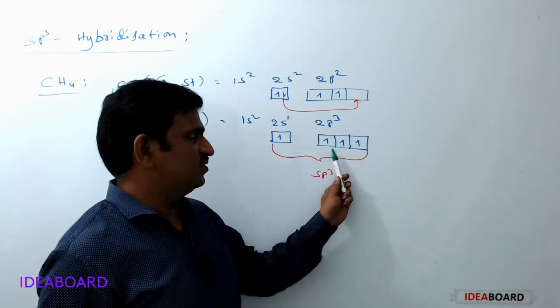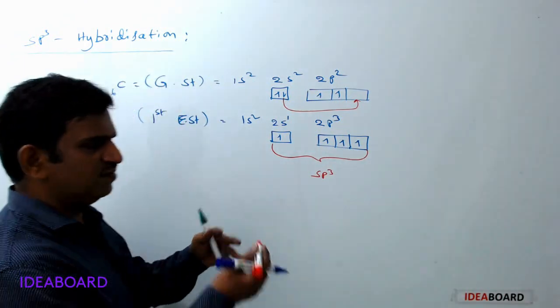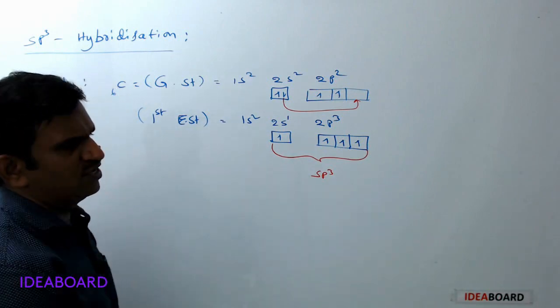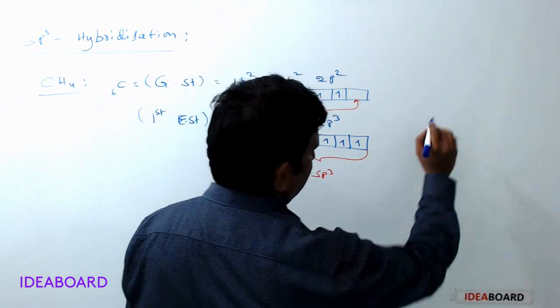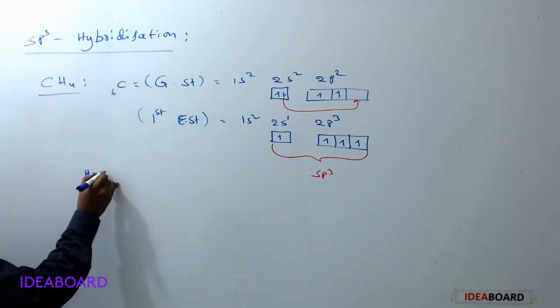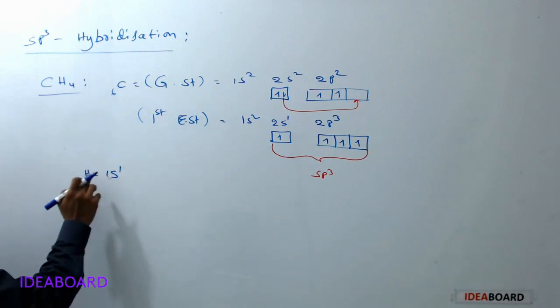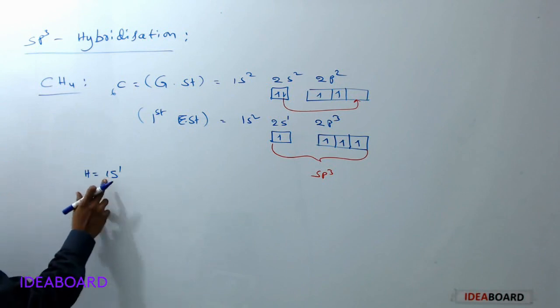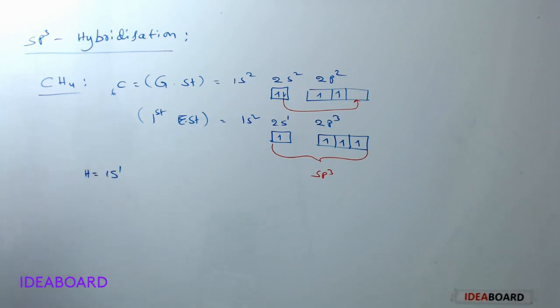These orbitals intermix and form 4 hybrid orbitals. What we said is sp3 hybridization, and the hydrogen atom is the other bonded atom, a spherical shaped 1s orbital.